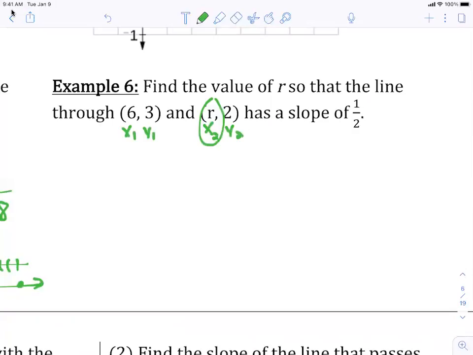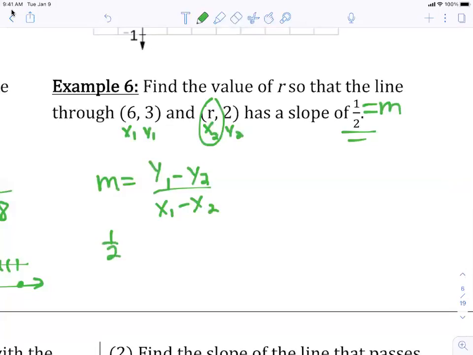Which means that's okay, because they actually gave me the slope, so I can use the slope formula to reverse the process. If my formula normally is m equals y sub 1 minus y sub 2 all over x sub 1 minus x sub 2, let's plug in everything that we know. We know that my slope is going to be 1/2.